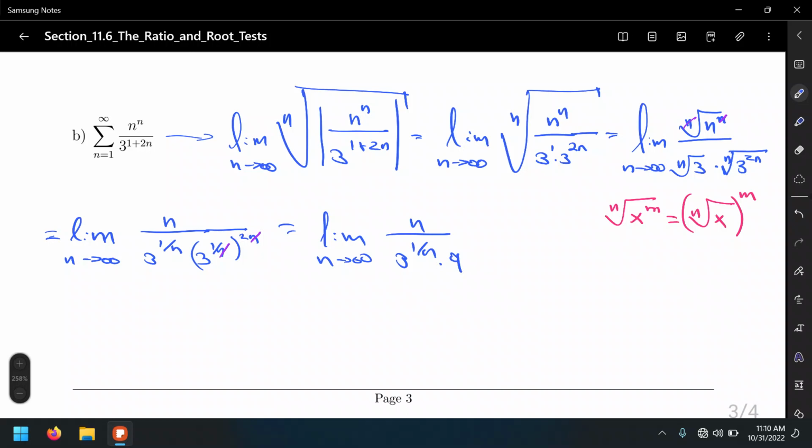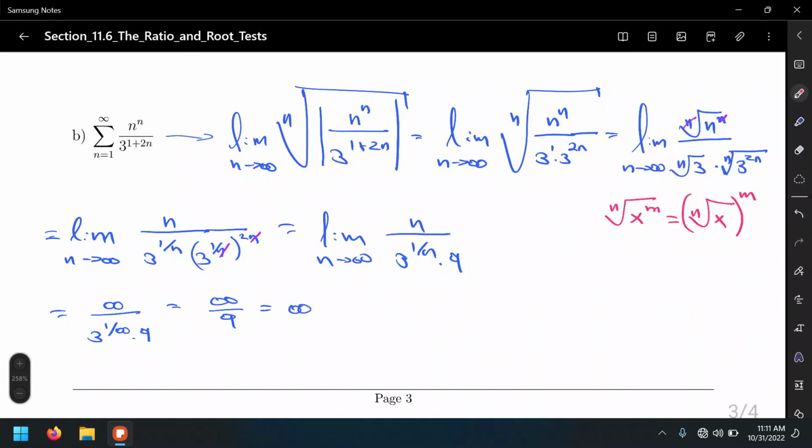Well, number one, what's going to give us for the numerator? Infinity divided by some number, well, 3 to the 1 over infinity times 9, but 1 over infinity is 0, and 3 to the 0 power is 1. 1 times 9, that's a 9. Infinity over 9, well, we don't know how big this infinity is, and even if you divide it in 9 parts, it's still infinity.